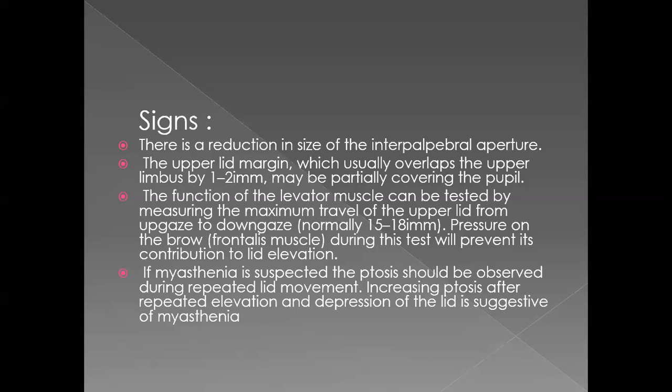Now, how much of the eyelid covers the cornea in the inferior gaze and the superior gaze? This is basically the concept behind upper lid excursion. What you do is keep your thumb on the brow of the patient and ask the patient to look down.